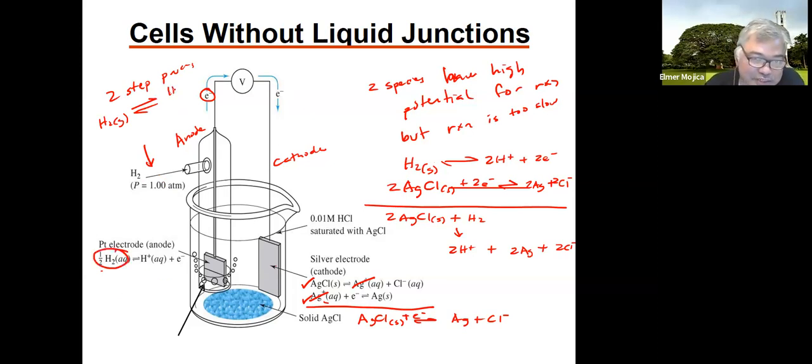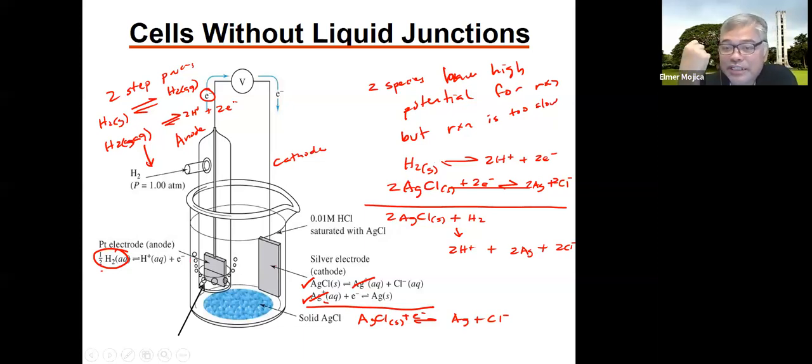You're going to form H2 that is aqueous. And then what will happen? Your hydrogen that is aqueous, that's in the form of the bubbles, is going to give you 2H plus and 2 electrons. So there is also a two-step process that is happening in the anode.